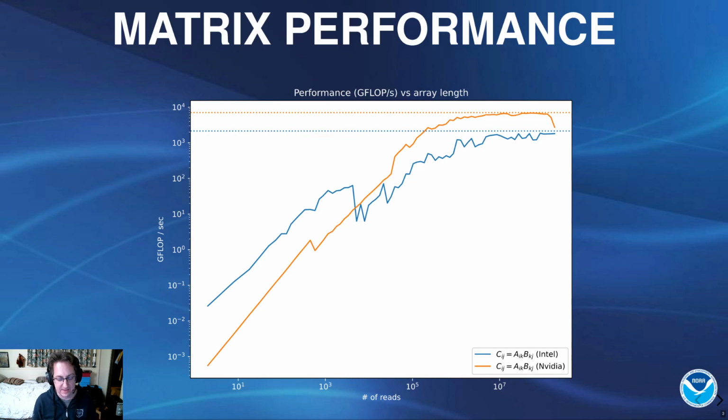And the x-axis here represents the number of elements in the calculation. So if n is the dimension of the matrix, this x-axis would be something proportional to n squared, whereas the y-axis here would be the gigaflops per second. And so once the problem gets large enough, both do start to asymptote towards that peak value.